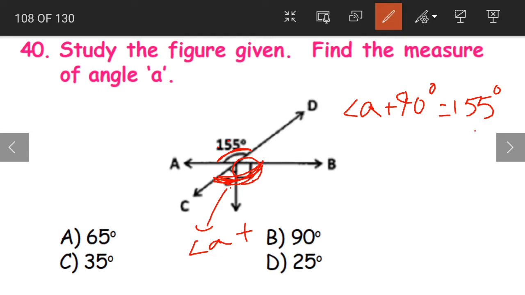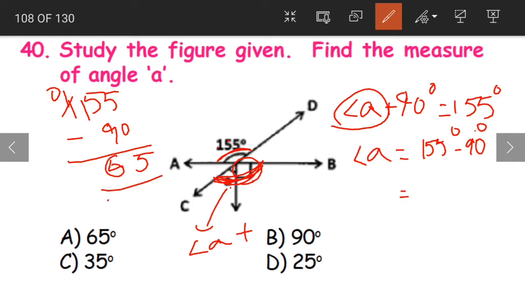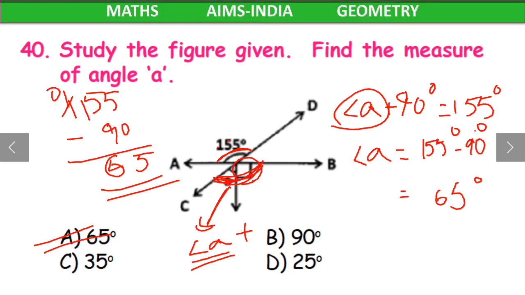Now from this I want to find out only angle A. So only angle A will be equal to 155 degrees minus 90 degrees. 15 minus 9 is equal to 6. So what is our answer? 65 degrees. Angle A is equal to option A, 65 degrees.